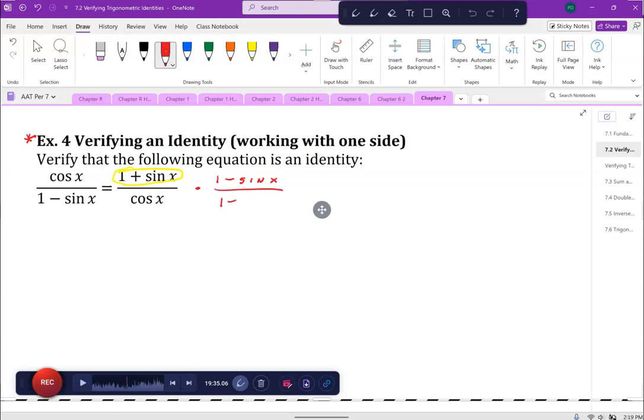And the reason we multiply 1 plus sine times 1 minus sine x is because this is actually going to create a difference of two squares. It's going to create a Pythagorean identity, which you don't really know that yet, but you'll see it in a second. And remember, whatever I do at the top, I have to do to the bottom because it's like multiplying by 1. It's a multiplicative identity. And it's going to create some good stuff.